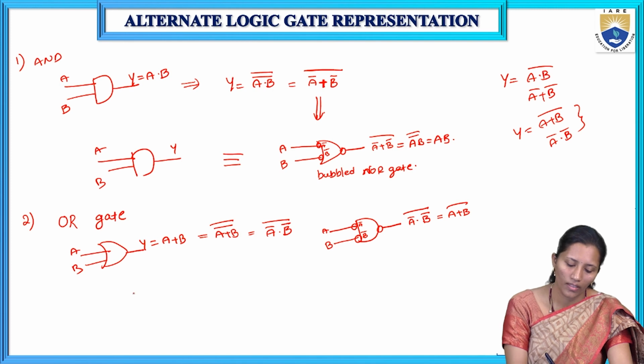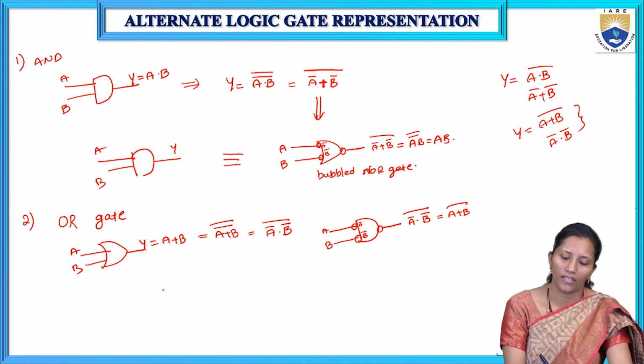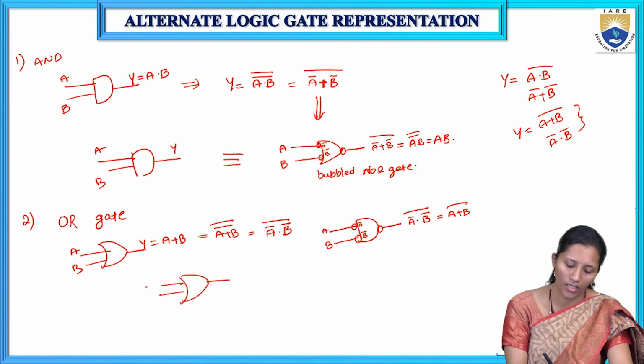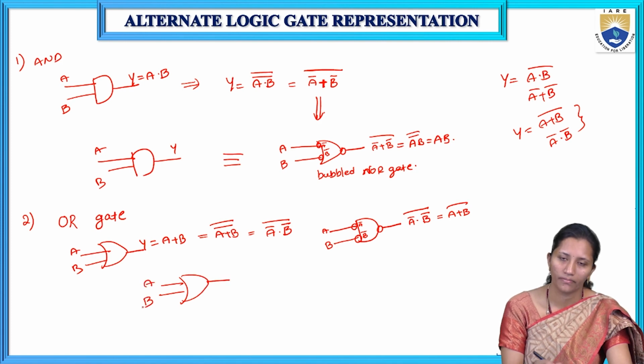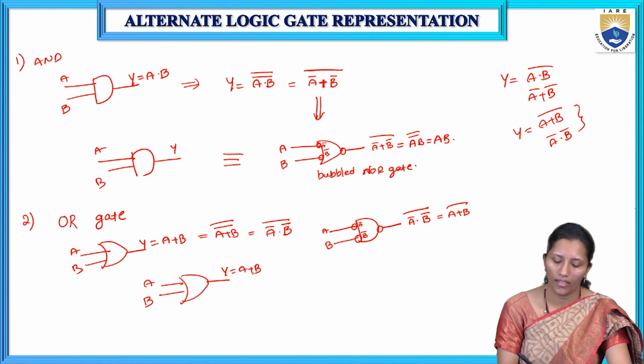So the alternate logic representation of the OR gate: we can represent A, B, Y is equal to A plus B. We can draw the equivalent circuit. We have to make the OR into AND and add bubbles.